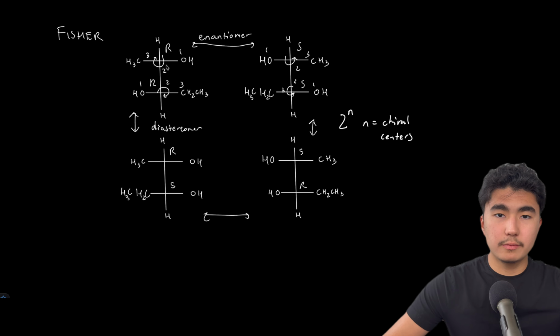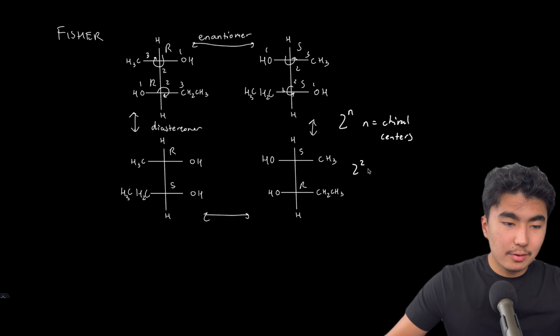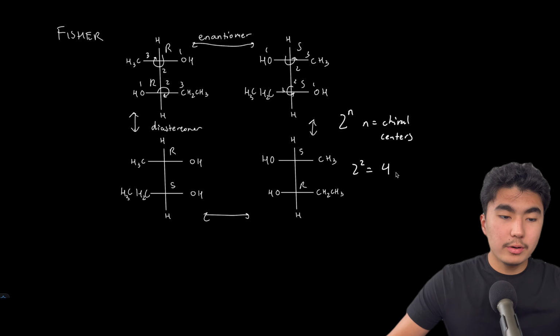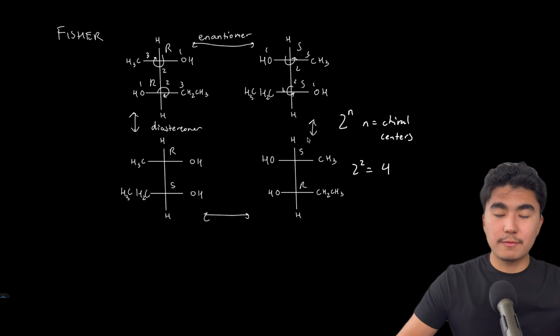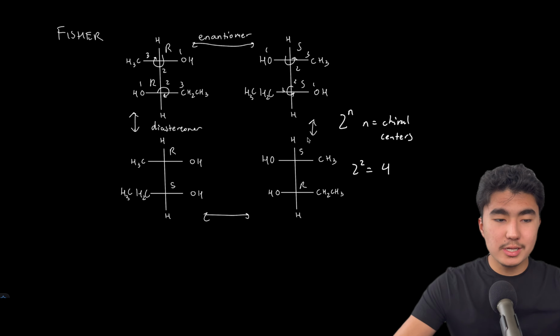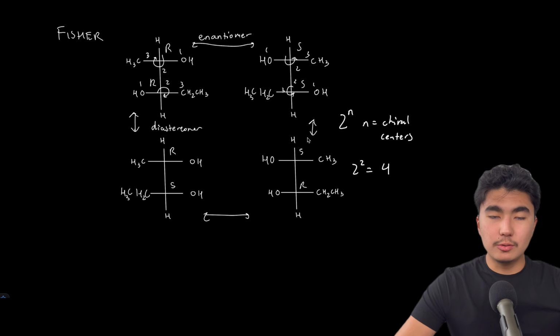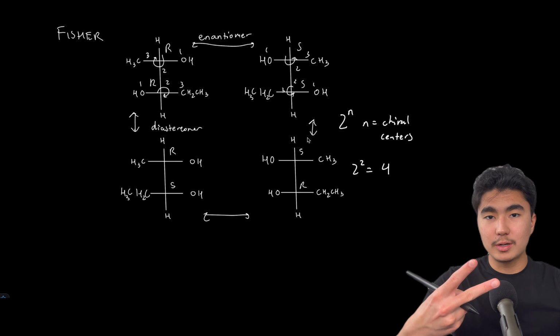So for our molecule over here, we have 2 chiral centers. 2 to the power of 2 means we have 4 different stereoisomers. And we pretty much showed all 4 of them. 1, 2, 3, 4. Those are 4 of our different stereoisomers derived from our equation 2 to the power of n, where we had 2 chiral centers.